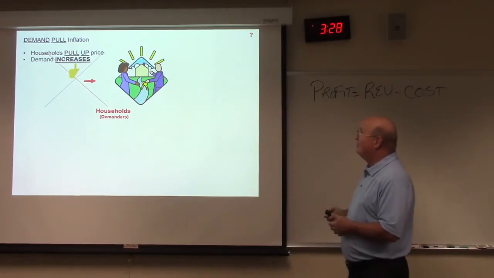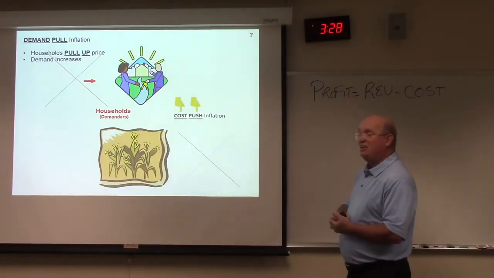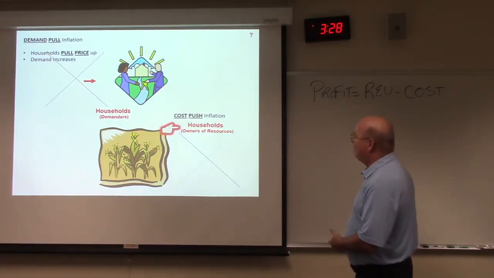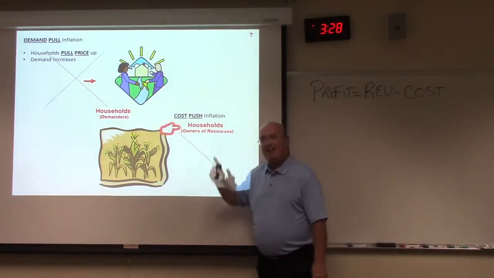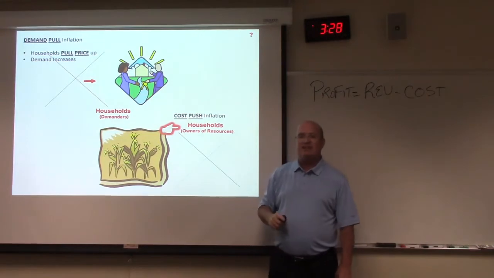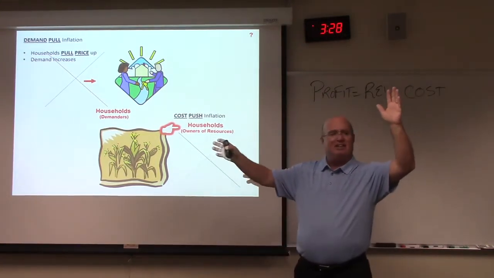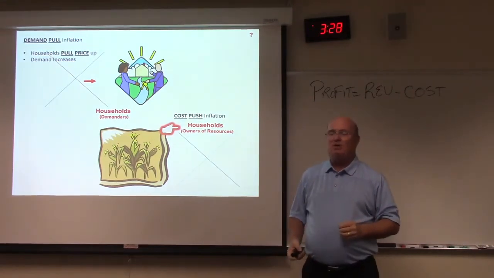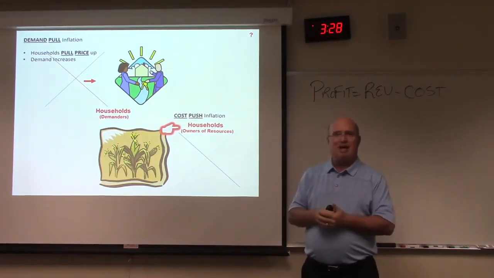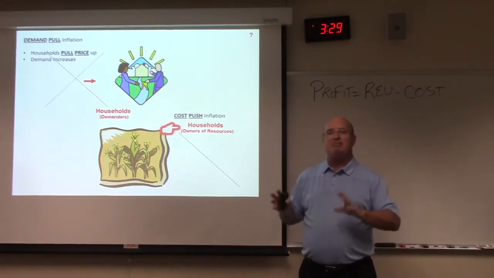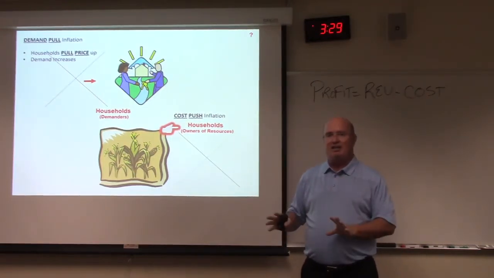Guess what? Cost push inflation happens from the households too. That's when we start demanding more money for our resources, such as labor. $15 an hour, that's what we should have. Well, first off, minimum wage, if you go back and do the research, was never meant to be a wage people lived on.